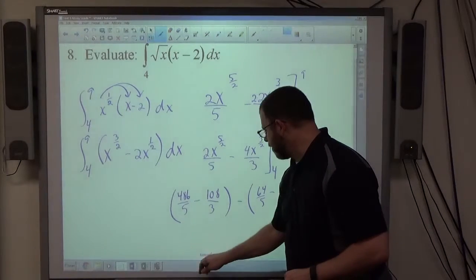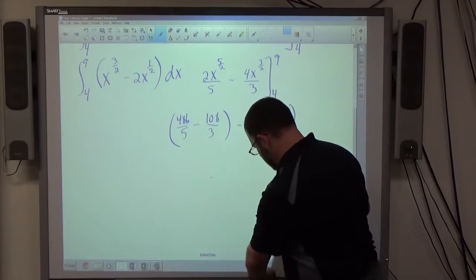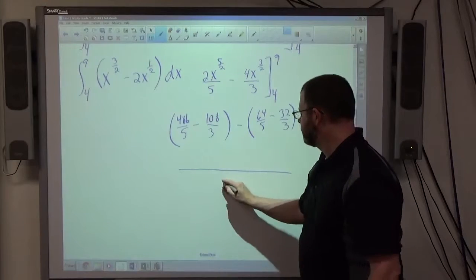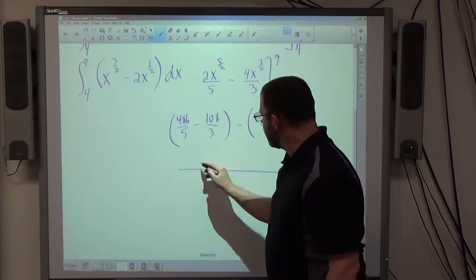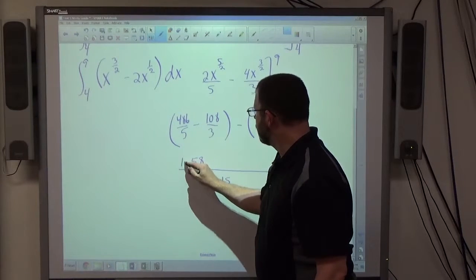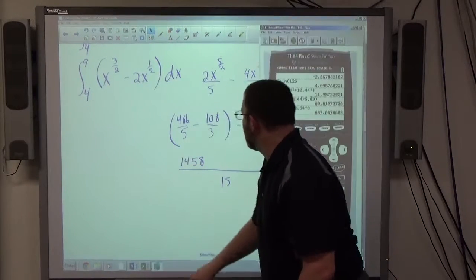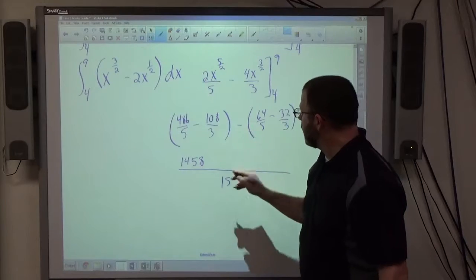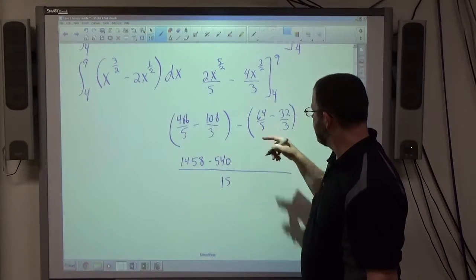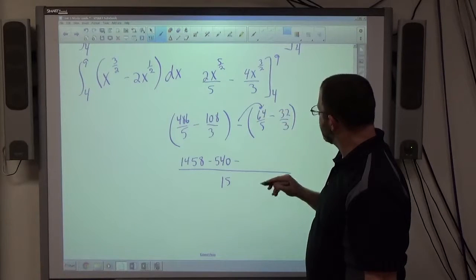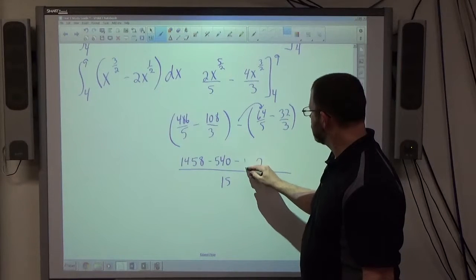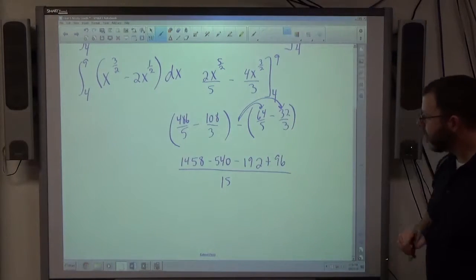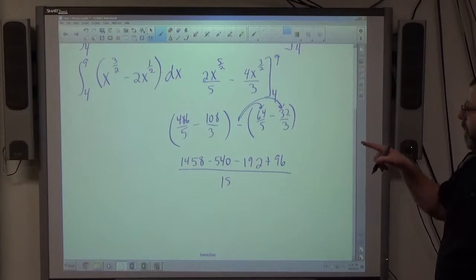At this point I've just got a bunch of fractions with 5 and 3 in the denominator, so I get a common denominator going on here. 15. 486 times 3 is 1458, good. 108 times 5 is minus 540. 64 times 3 is minus 192. And positive 32 times 3 is plus 96.